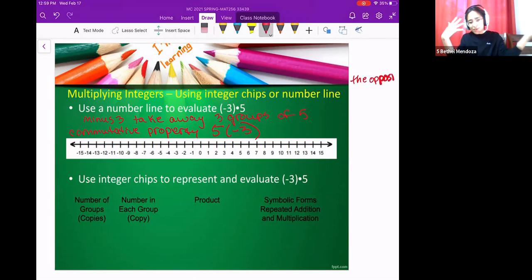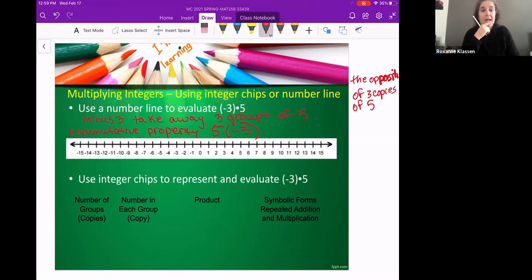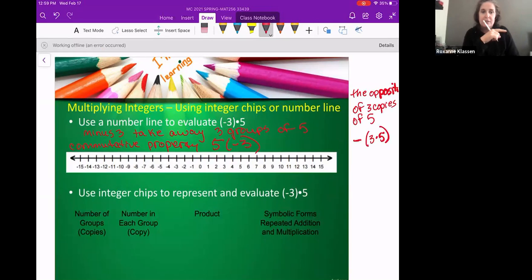And then I made the positive into a negative, since it's the opposite. That's what I did. Okay, nice. So you were basically thinking of it like the opposite of 3 copies of 5.